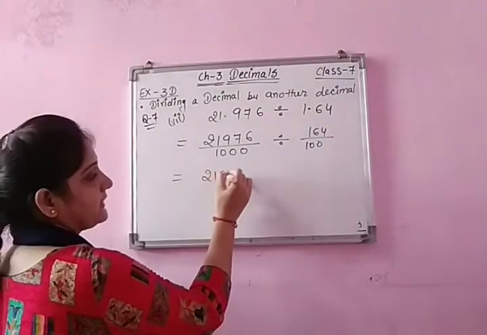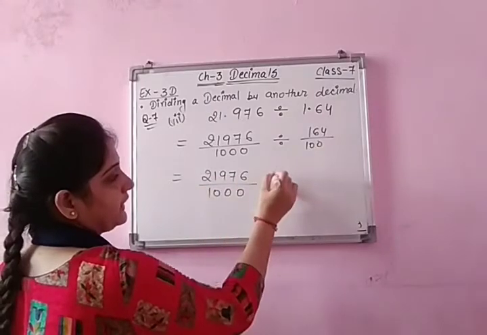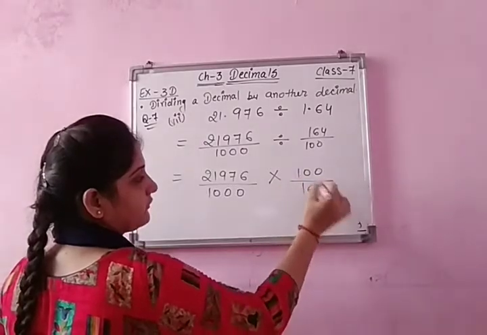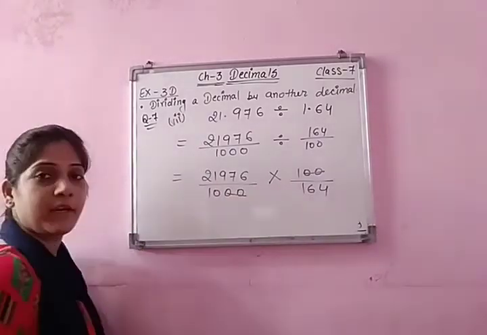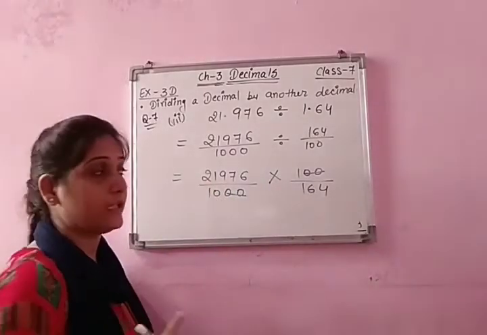Now next step, do you all remember what we have to do? Yes, take the reciprocal. 164. Two zeros are cancelled by 2 0. Now 164 and this number we need to cancel out.